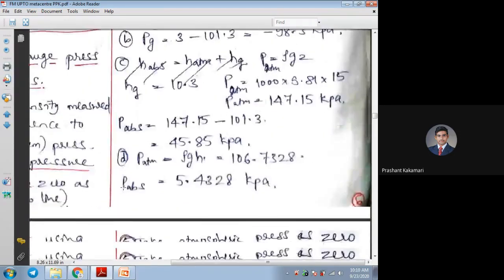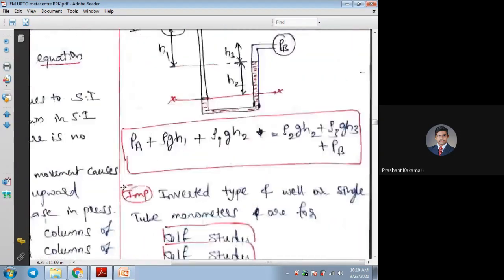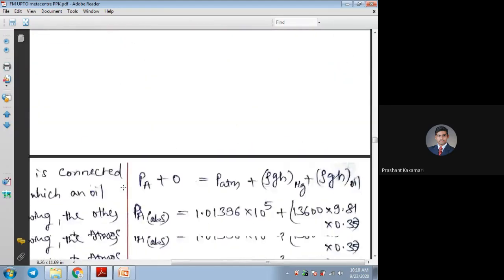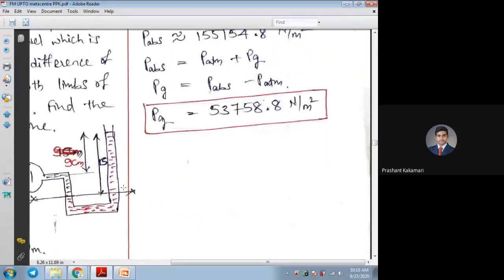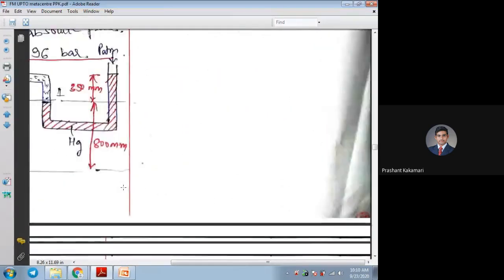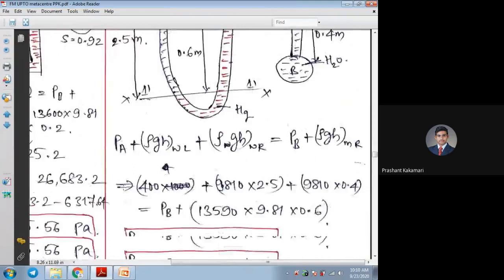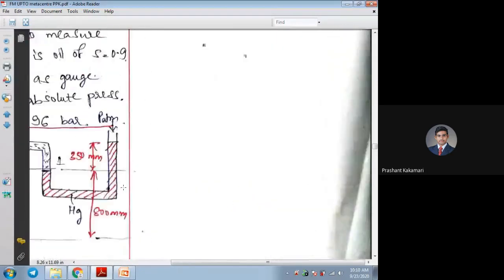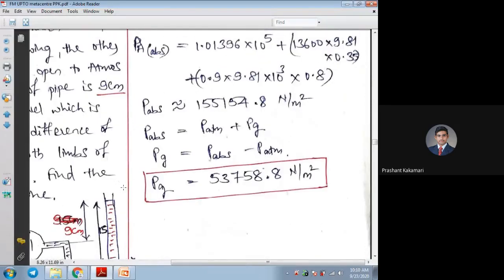So the same principle is used here to find out the gauge pressure. They are going to subtract the atmospheric pressure here.